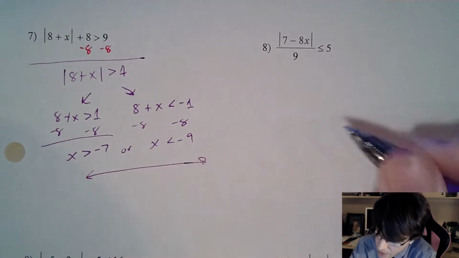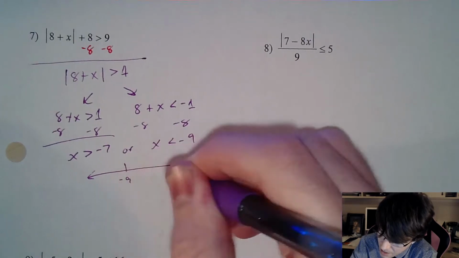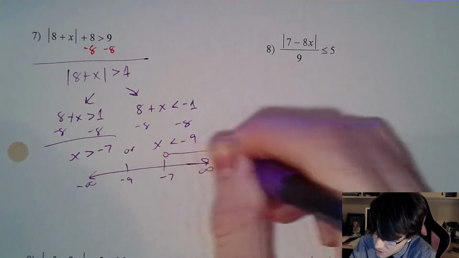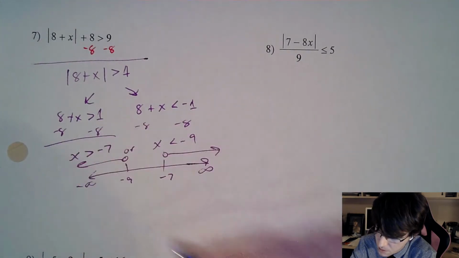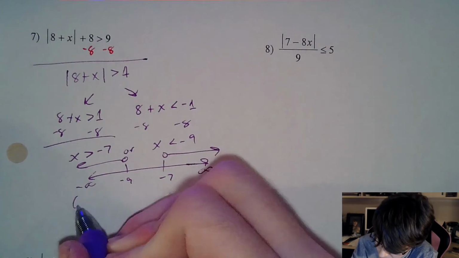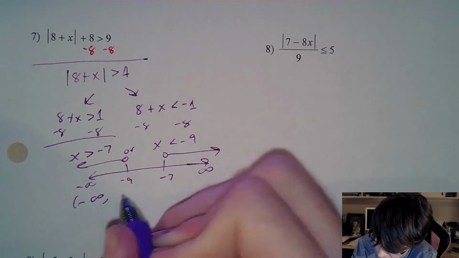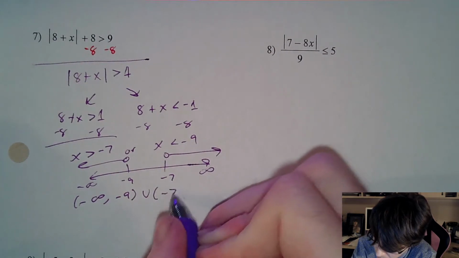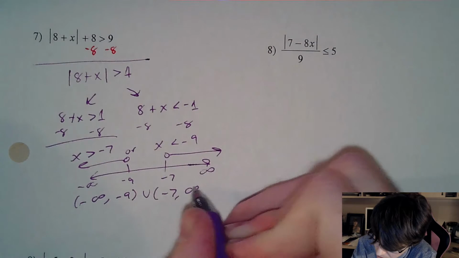We're doing the number line yet again. Negative 9, negative 7, negative infinity, positive infinity, open circle going this way, open circle going that way. Kaboom! We're getting that number line going faster and faster here. Got negative infinity to negative 9, parentheses, union, negative 7, comma, infinity, parentheses.